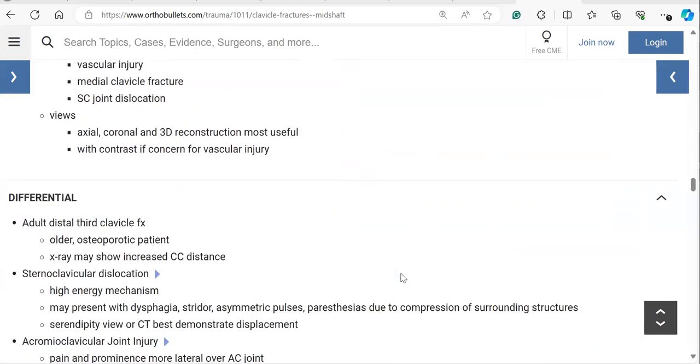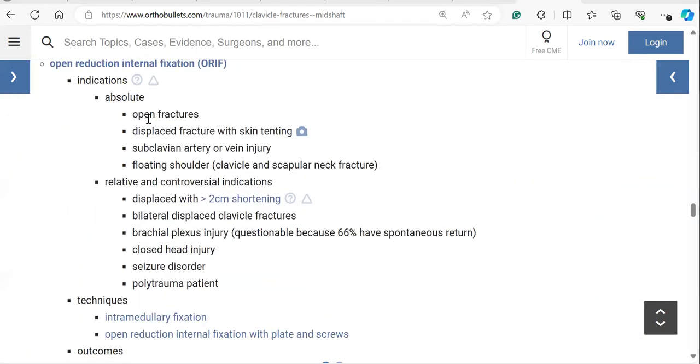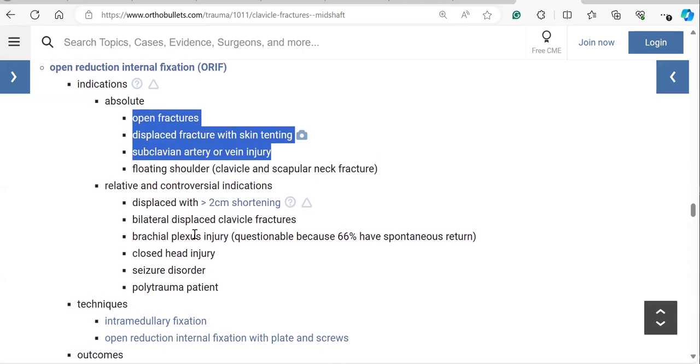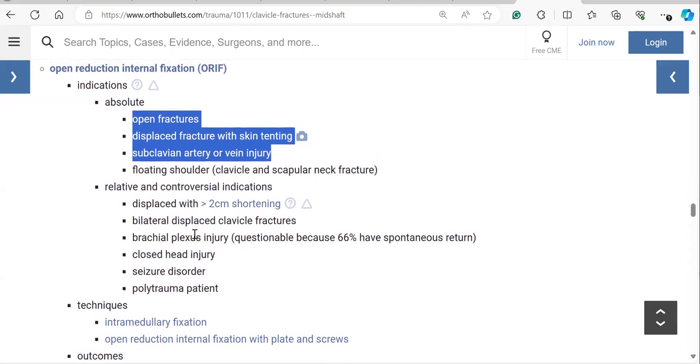So for open reduction, the main indications are these. Open fracture, displaced fracture with skin tenting, and if there is any neurovascular injury. So that's the absolute indication. There is a relative and controversial indication, that if it is a displaced fracture with more than 2 centimeter shortening, which means that if there is more than 2 centimeter gap between the displaced bones, then sometimes we might need to go for open reduction and internal fixation.